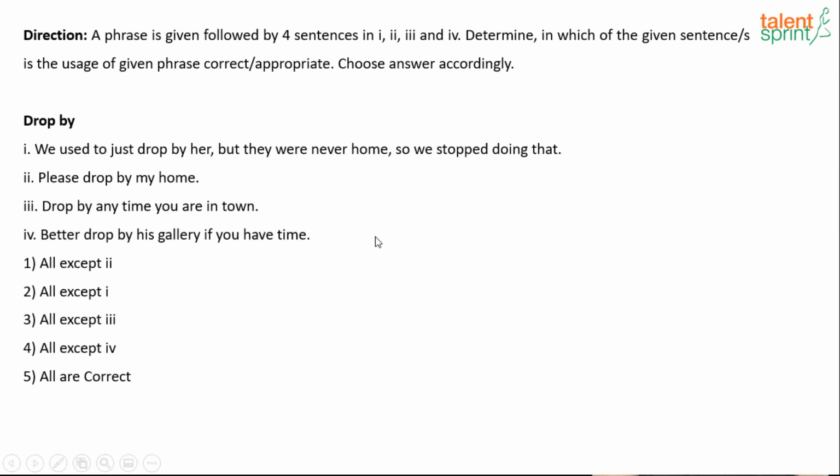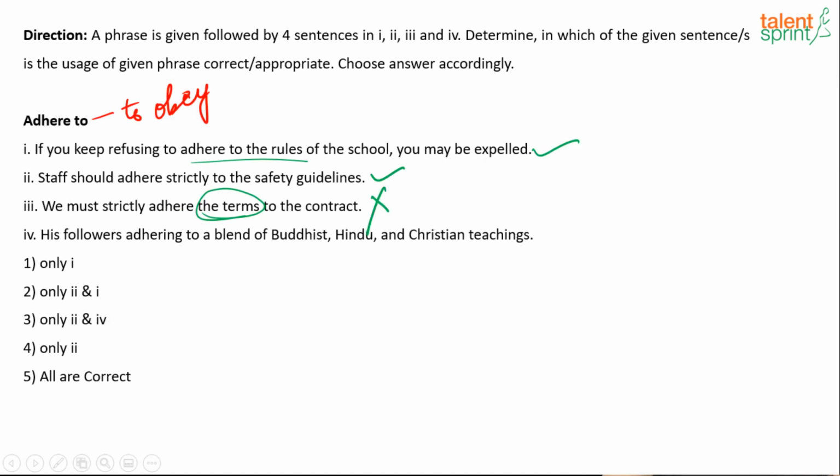His followers adhering to a blend of Buddhist, Hindu and Christian teaching. Again, not grammatically right. It does make sense. You get the picture of what the person is trying to say, but it is not grammatically right. So only 2 and 1 follows.